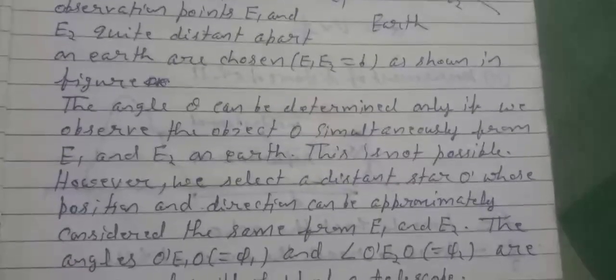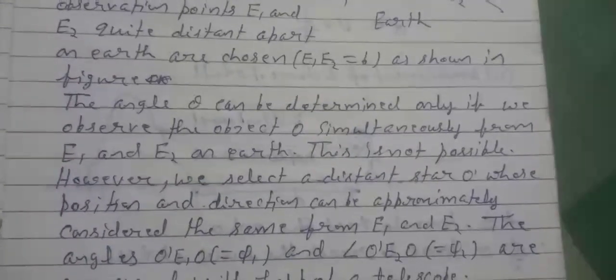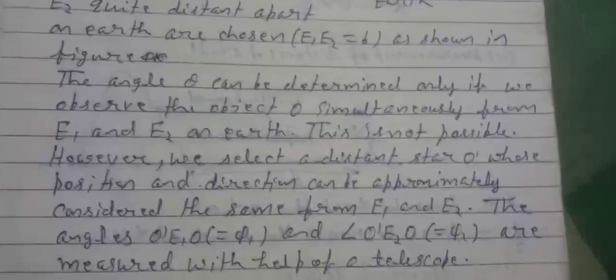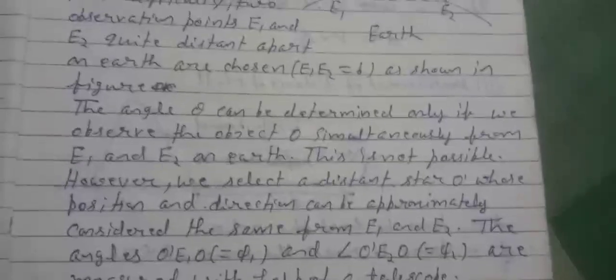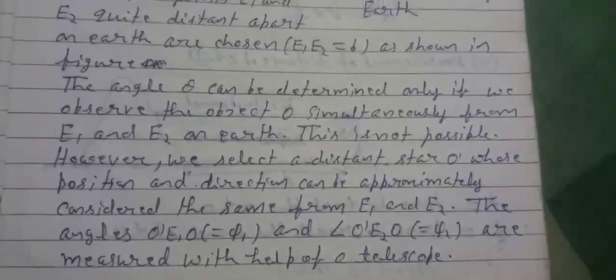However, we select a distant star O dash, whose position and direction can be approximately considered the same from E1 and E2. The angle O dash E1 O equals phi 1 and the angle O dash E2 O equals phi 2 are measured with the help of a telescope.